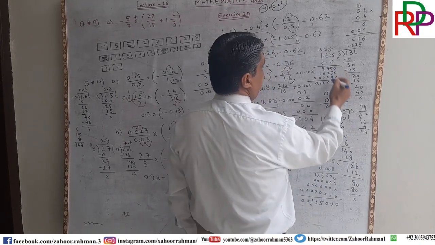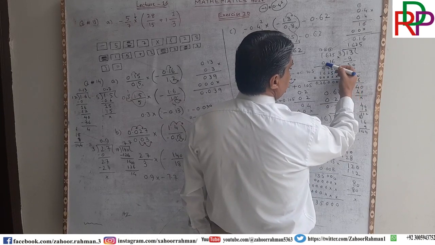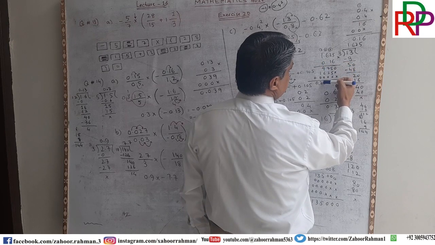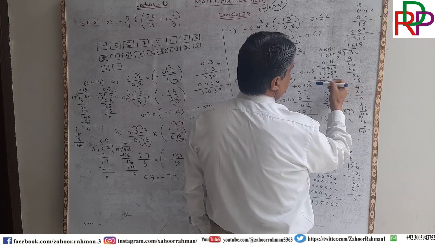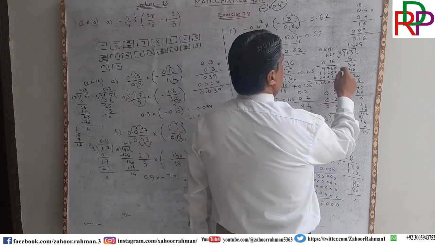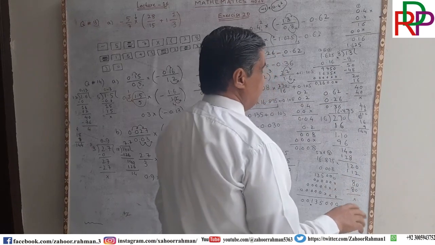When we add all these things, that will be 0, that will be 0, 1 will be carried, so it will also be 10, 1 will be carried, and this is 16, 1 will be carried, 2, and this is 0, because there are 1 2 3 4 5 digits after the decimal.